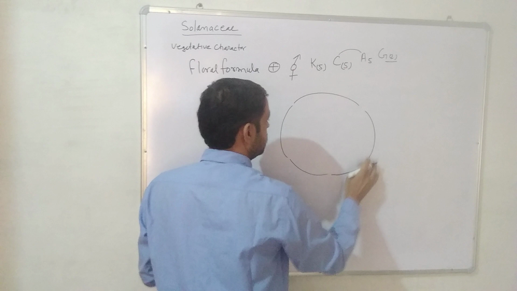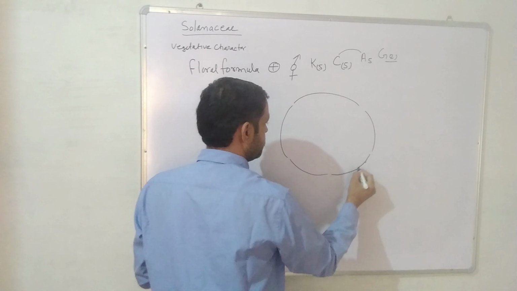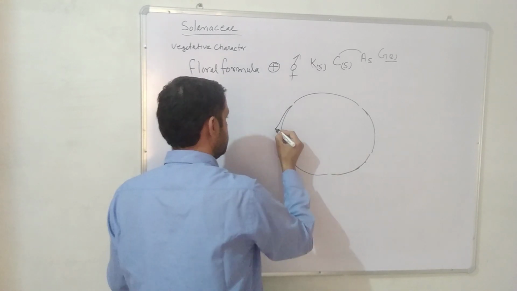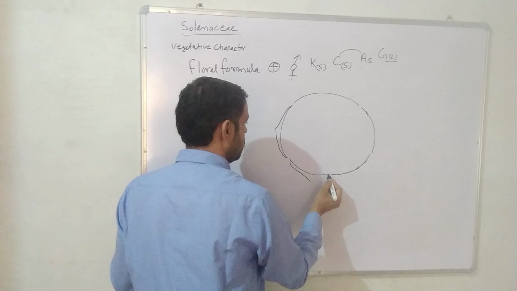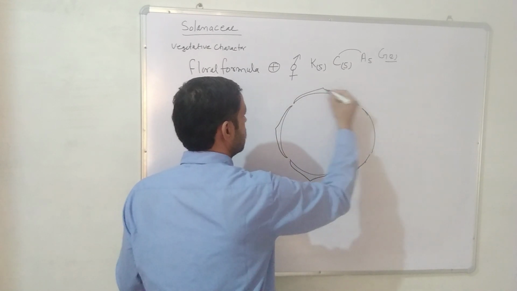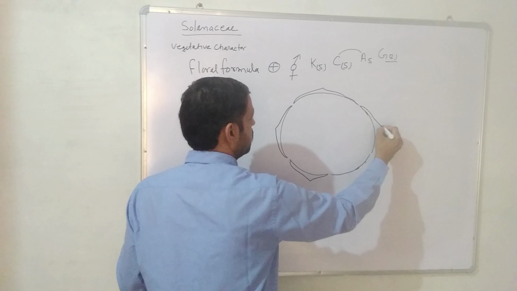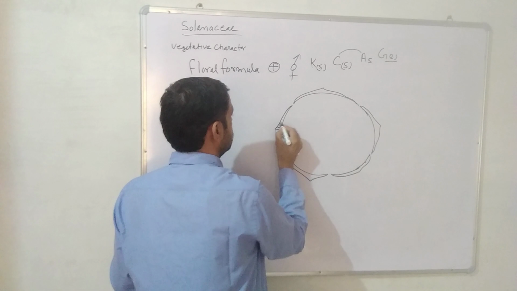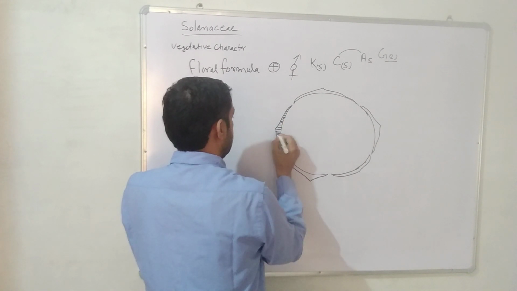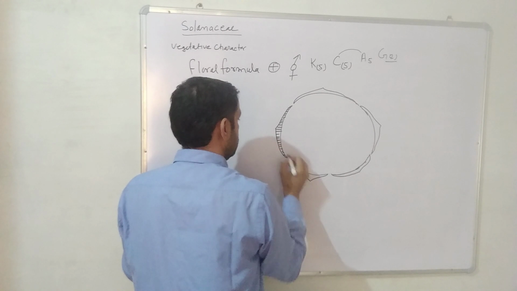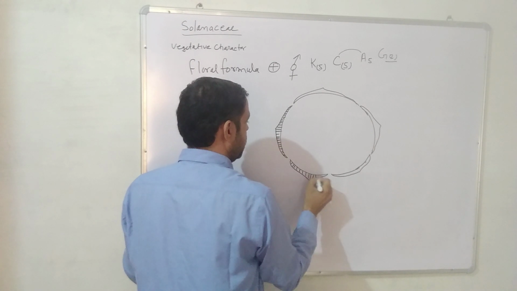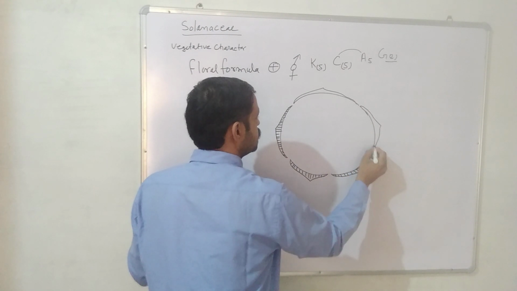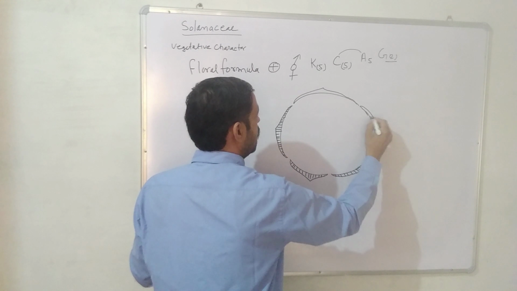There are 5 sepals, and for sepals we draw a lining around them. As I told you earlier, in a floral diagram there is no nomenclature, so the structure shows it automatically.